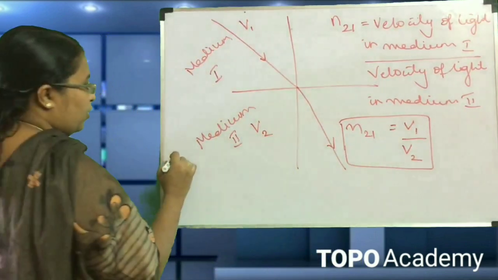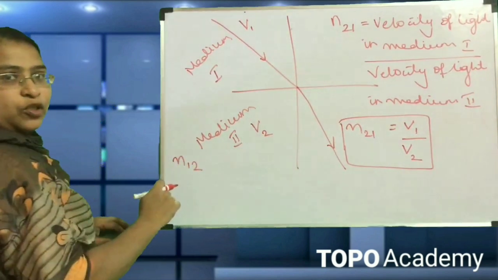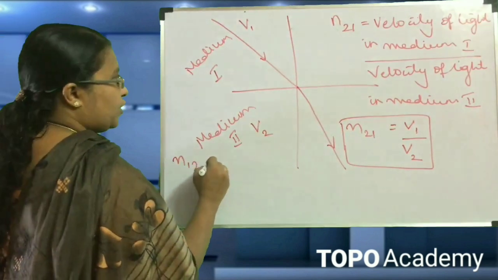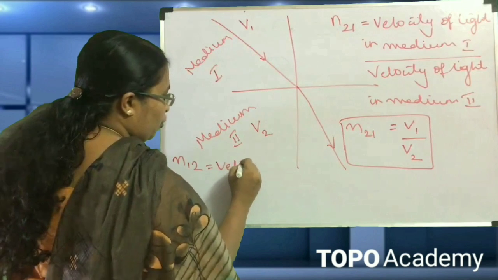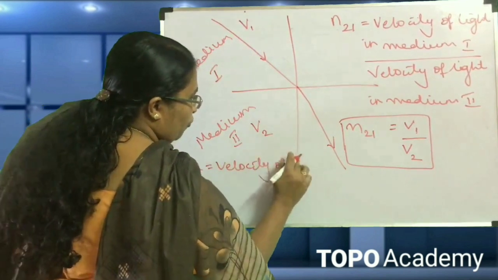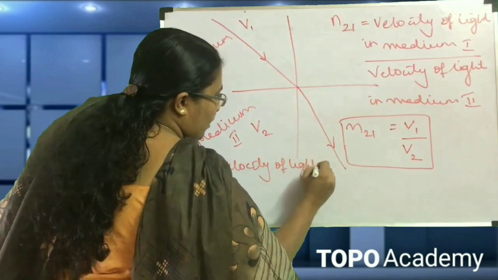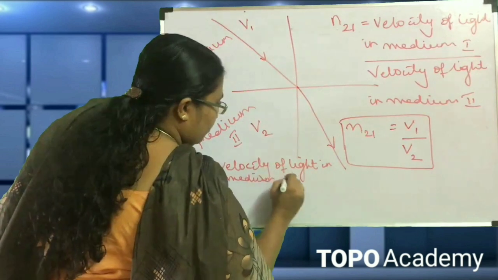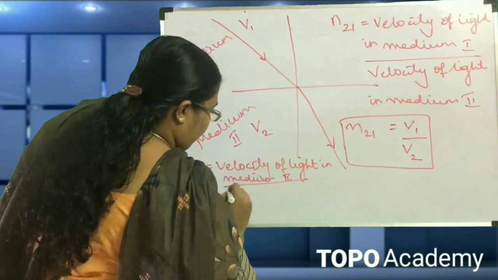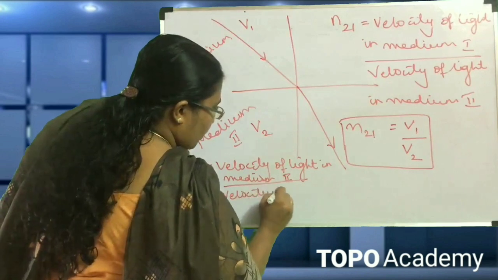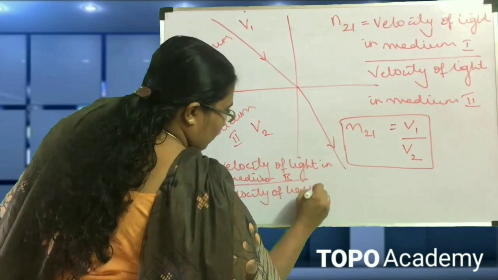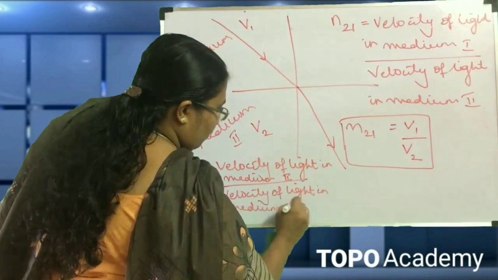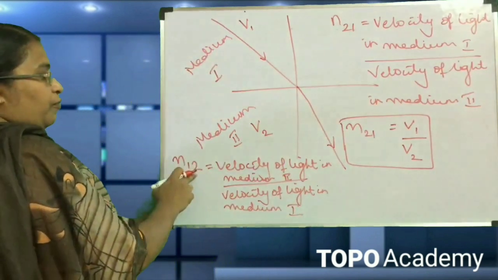Next we have to find the refractive index of medium 1 with respect to medium 2. That is the velocity of light in medium 2 divided by the velocity of light in medium 1.